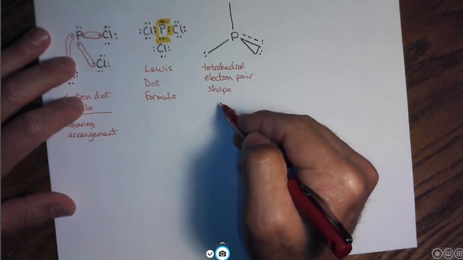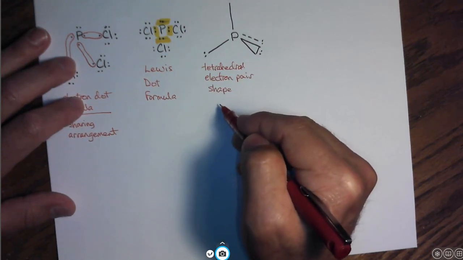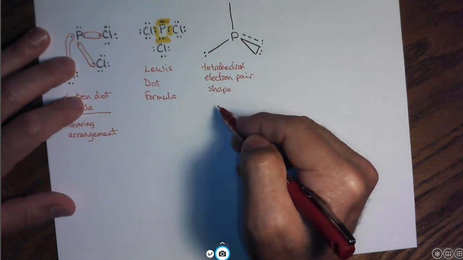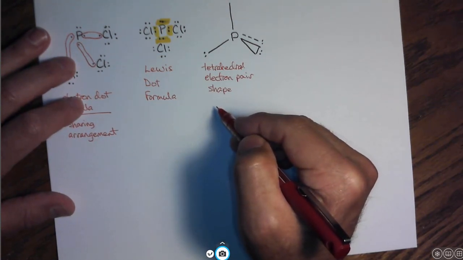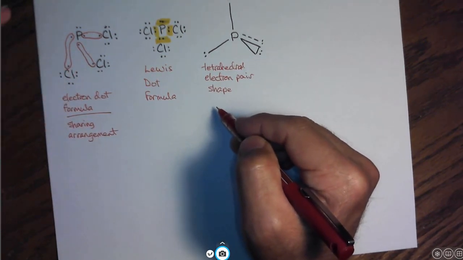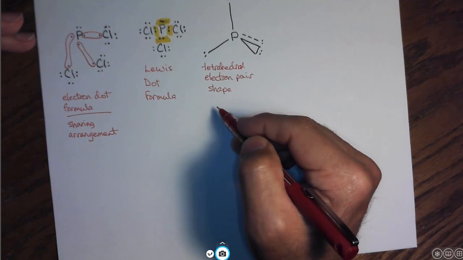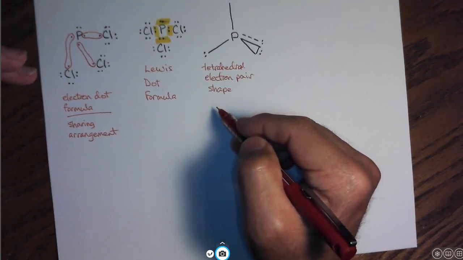It's not a square. What is a box shape called? Cube. A cube has squares on all the sides. A tetrahedron has triangles on all the sides.